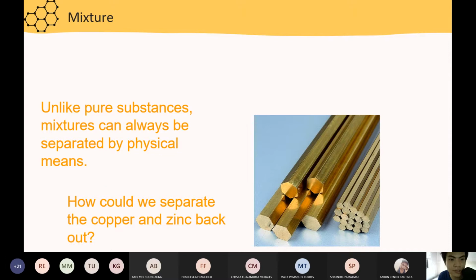What is a physical property? When we say physical property, we are referring to the properties that are attributed to the physical appearance or the physical changes of your compounds. Okay? For example, let me look for the melting point of copper. Melting point.